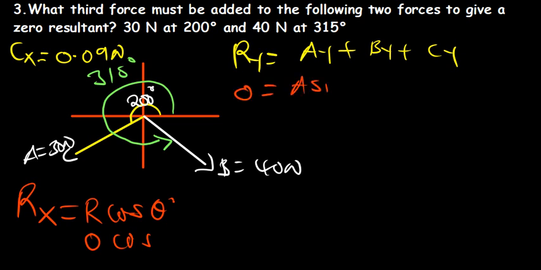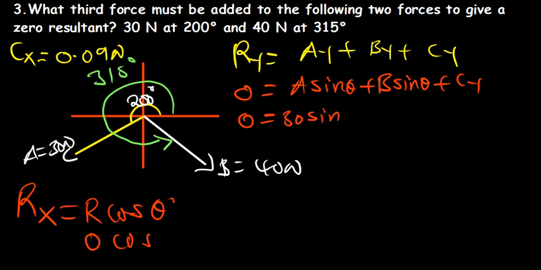So I'll have A sine theta plus B sine theta plus Cy, because in the y component we are always using sine. 0 will be equal to A, in this case 30, sine 200 degrees plus 40 sine 315 plus Cy.